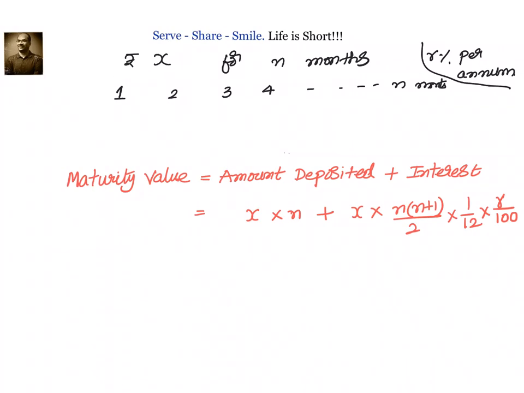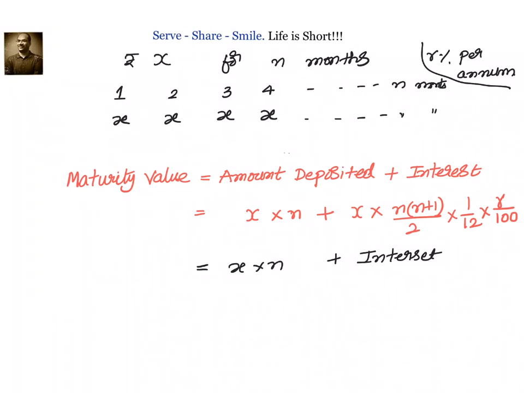In the first month we are depositing X rupees, in the second month X rupees, in the third month X rupees, in the fourth month X rupees, like that for n months. Now the amount deposited is very easy to understand, because every month X rupees for n months, it will be nothing but X into n, and to that we have to add the interest. Now coming to the interest, here is the interesting thing.